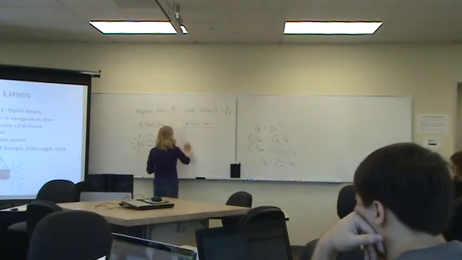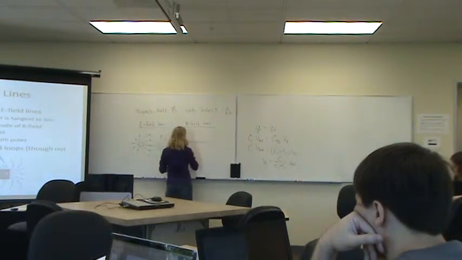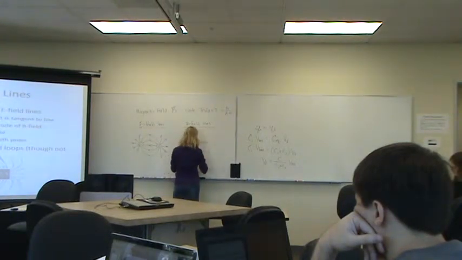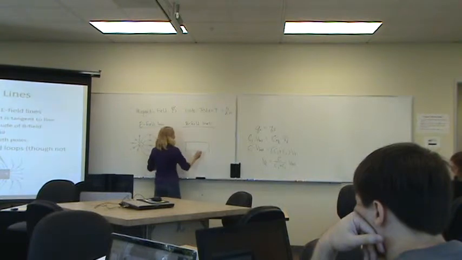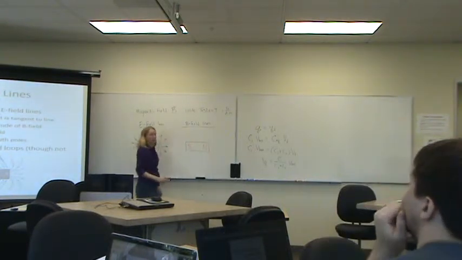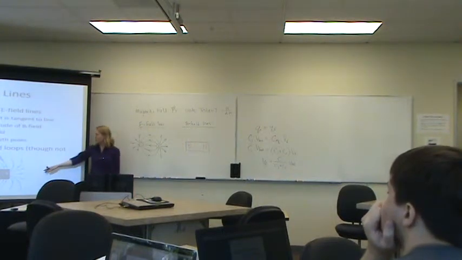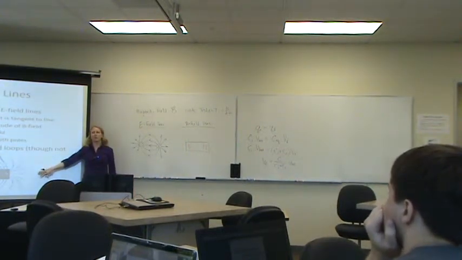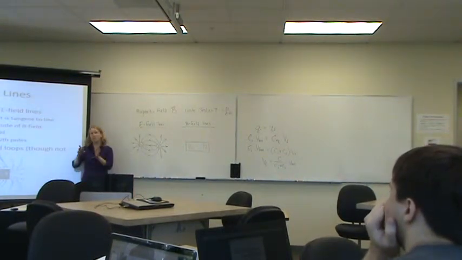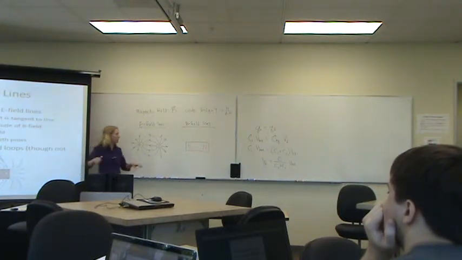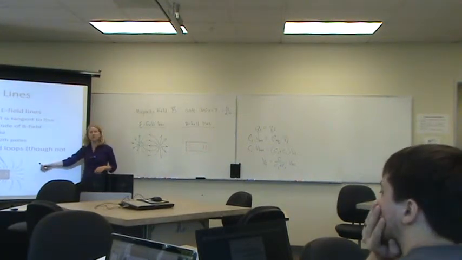So in the picture on the board is a permanent magnet with the North and South Pole. And they've drawn the magnetic field lines for a real permanent magnet, where you can see a lot of fringing of those field lines. So that's real field lines.